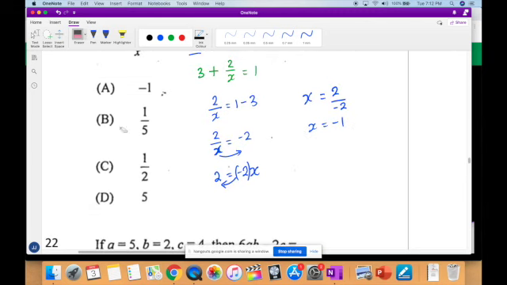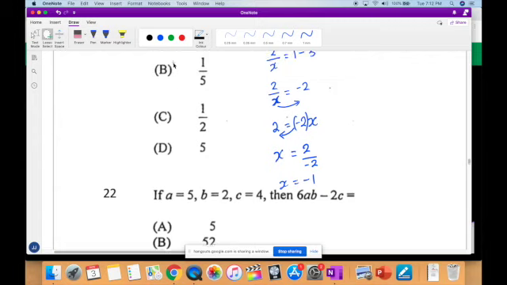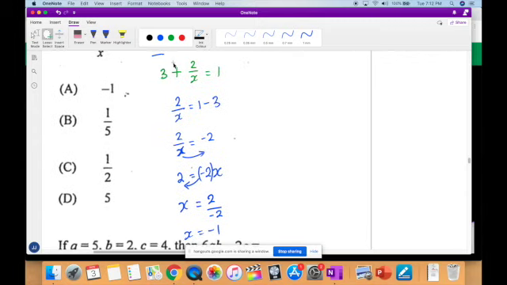There is another way that you could have worked it out from here.